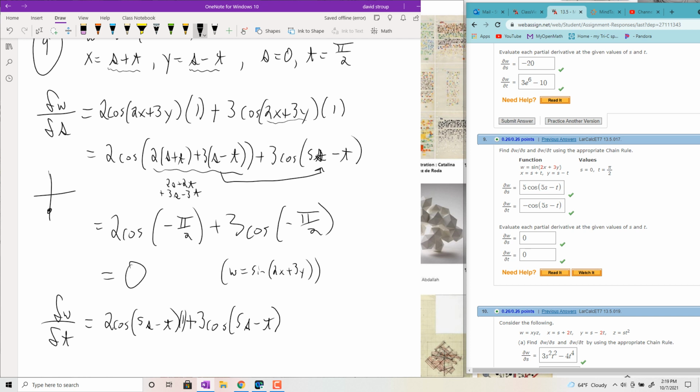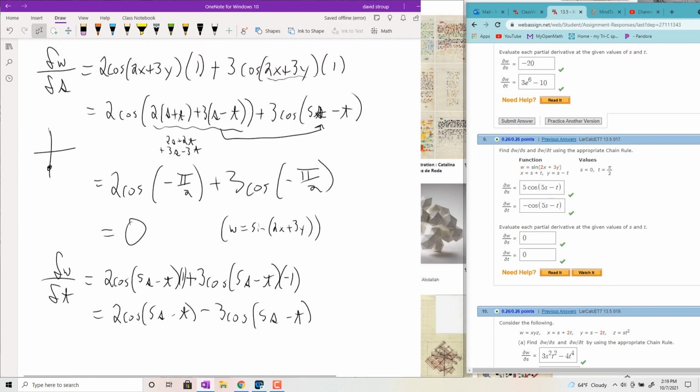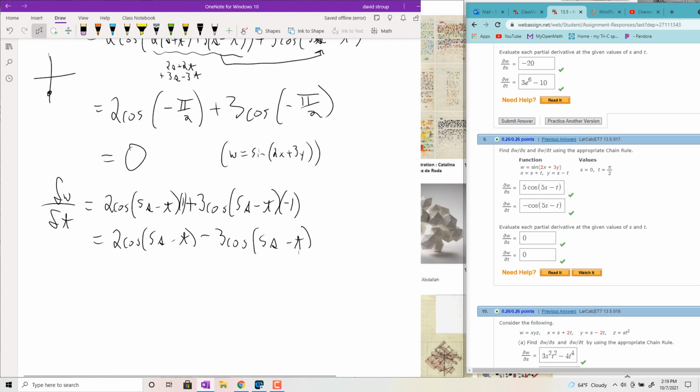The derivative of y with respect to t is different, that's negative 1. But it won't affect anything, right? Because this will be 2 cosine of 5s minus t minus 3 cosine of 5s minus t. And when you plug in your 0 and pi over 2, you're going to get cosine of negative pi over 2 in both cases, so both of them will be 0, and you'll just get 0 again.